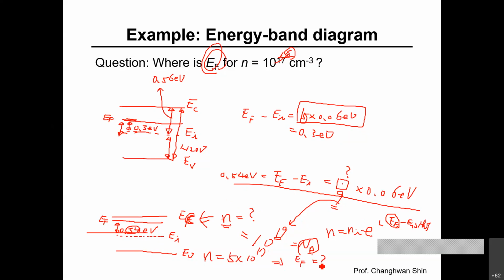This type of problem, I don't want to use for your midterm exam. So very simple numbers, say n is 10 to the 15 or 10 to the 16, 17, 18, 19. Those kinds of simpler numbers will be provided in your midterm exam.